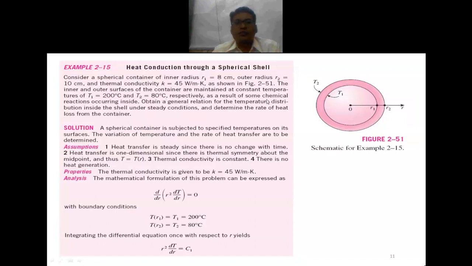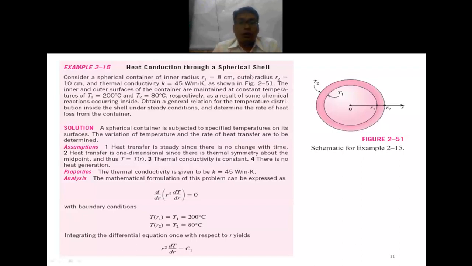As a result of some chemical reactions occurring inside, obtain a general relation for the temperature distribution inside the shell under the steady state condition and determine the rate of heat loss from the container, or from the sphere.